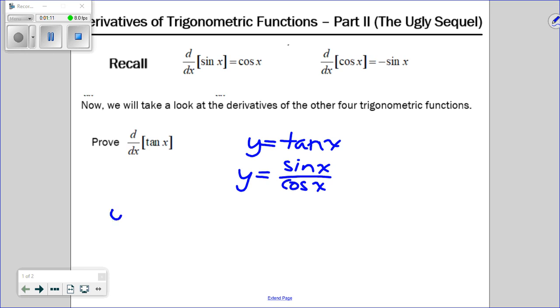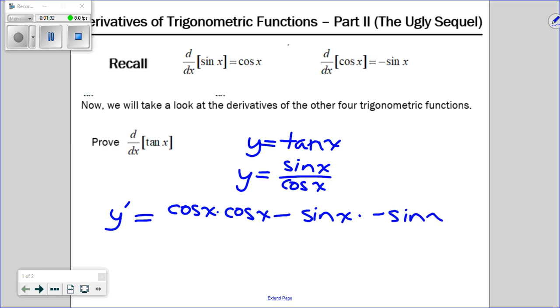So in this case, we would do low, which is cosine of x, d high, which is the derivative of sine of x, which is cosine of x. And again, we're multiplying. Minus high, d low, so the derivative of cosine of x is negative sine of x, all over low squared.